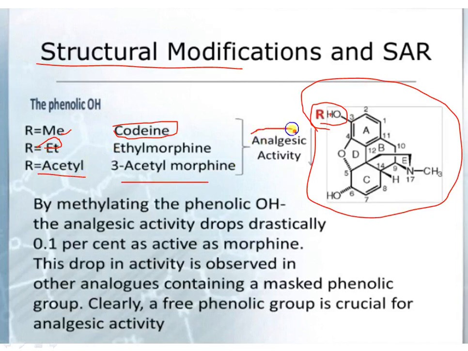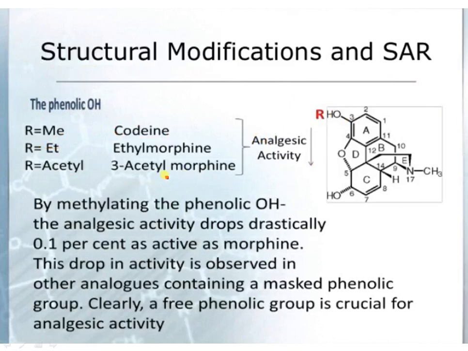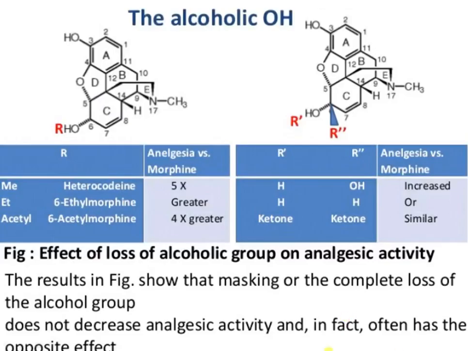It reduces the analgesic activity of the drug. By methylating the phenolic hydroxy, the analgesic activity drops drastically, to 0.1% as active as morphine. This drop in activity is observed in other analogues containing a masked phenolic group. Clearly, a free phenolic group is crucial for analgesic activity.